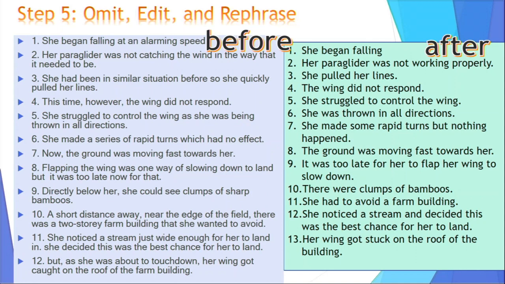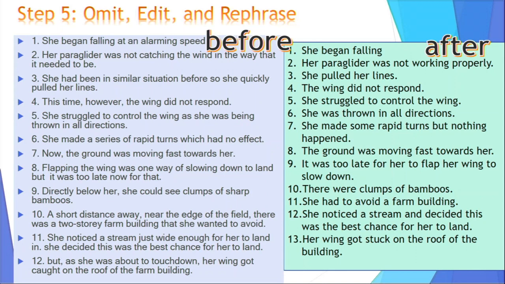And then next point, a short distance away, near the edge of the field, there was a 2-story farm building that she wanted to avoid. The only idea here is avoiding the building. So let's rephrase that and change somewhere, and it becomes: she had to avoid a farm building. Next point, she noticed a stream just wide enough for her to land in.